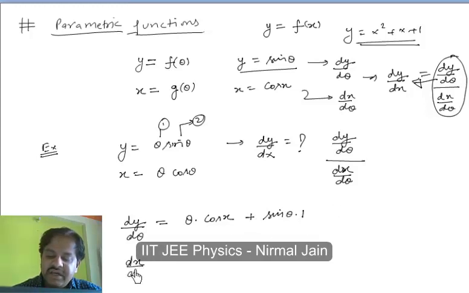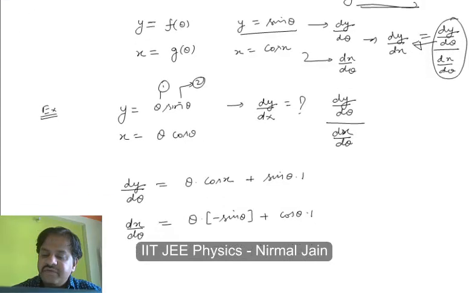Similarly, dx/dtheta is theta as it is times the differentiation of cos theta, which is minus sin theta, plus cos theta as it is times the differentiation of theta, which is 1.